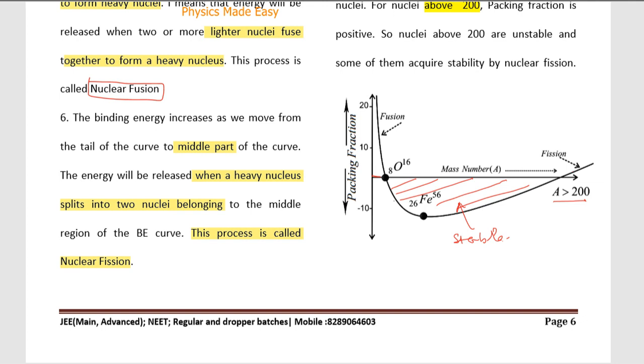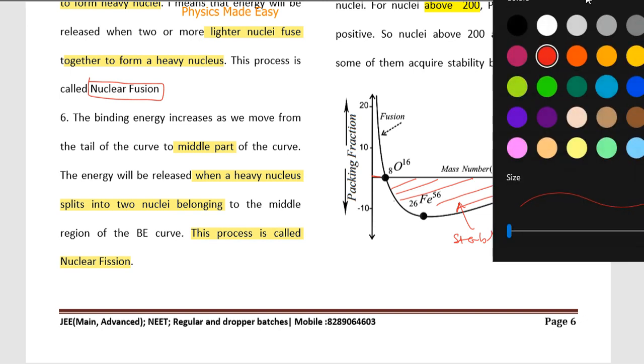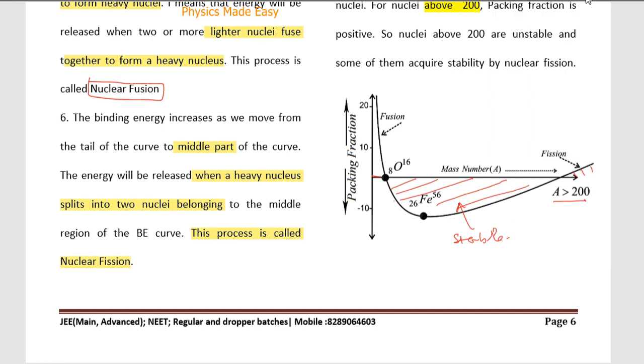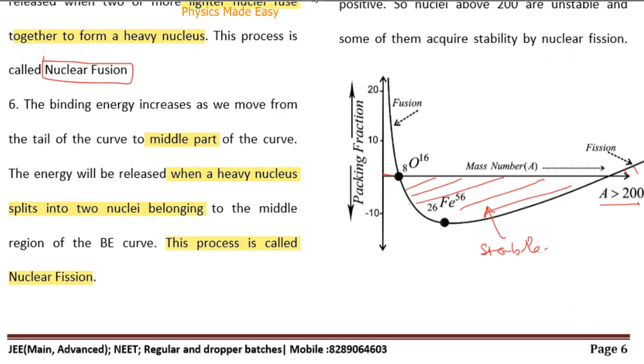So they are larger than this. They are unstable. And I want to represent unstable by this. They are unstable, and in these cases it is the fission which takes place. So they are also unstable.